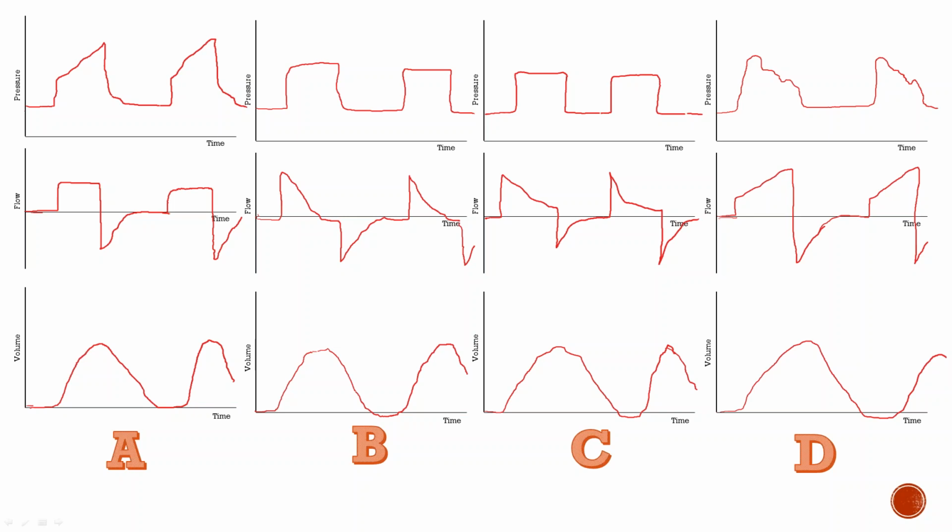Okay, so, Gargi, which one of these waveforms is the pressure support waveform? The columns are each one mode of ventilation, and the pressure, flow, and volume scalars are listed there.